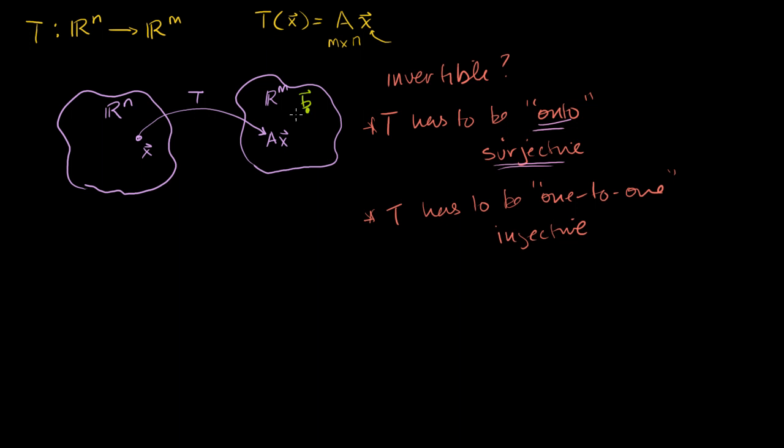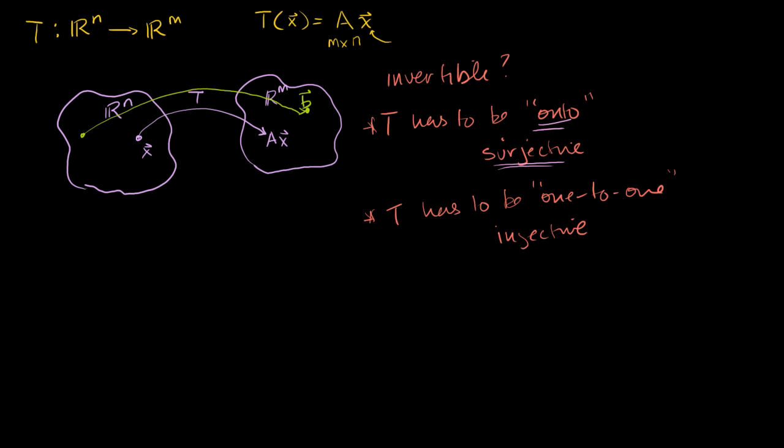If T is onto, that means that for any B you pick in our codomain, there's always going to be at least one vector in our domain that, if you apply the transformation to it, you get B. Another way to think about it is that the image of our transformation is all of Rm. All of these guys can be reached.